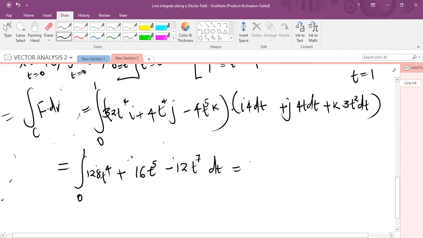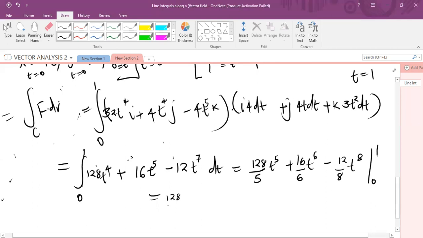Okay, integrating that will have 128 over 5 t raised to power 5 plus 16 over 6 t raised to power 6 minus 12 over 8 t raised to power 8, integral from 0 to 1. So replacing 1, we will have 128 over 5 plus 16 over 6 minus 12 over 8, minus, replacing 0, we'll just have 0.